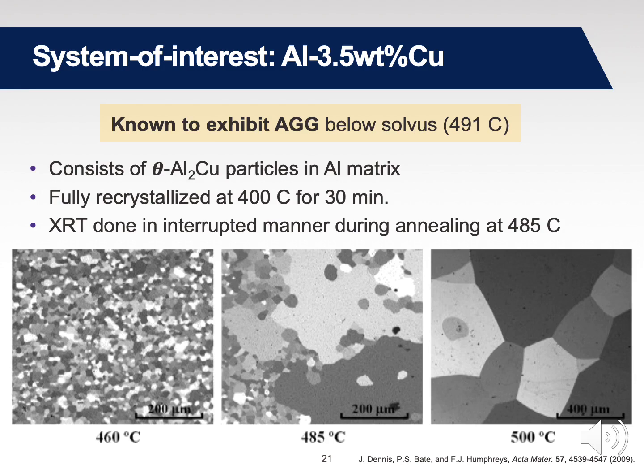We conduct our experiments in a pseudo in situ or an interrupted manner, which means that we anneal the sample, then we image it by DCT, and then we subsequently anneal again. And we continue the cycle until we see one grain in the sample, that one grain being the abnormal candidate.